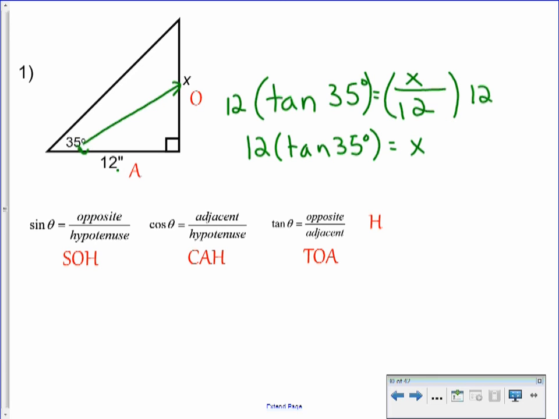What do the directions tell us we need to round to? The nearest hundredth. So what do we get? 8.40. It will not give you 8.40. And it will probably give you a domain error because 35 would not be a value you would enter.